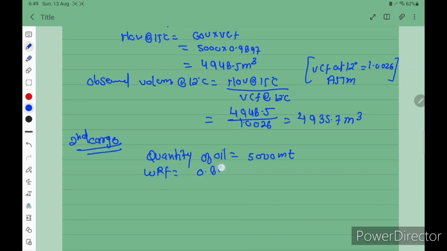So 0.8867 minus 0.0011, specific gravity, no? So 0.8856 tons per meter cube. Specific gravity minus 0.0011.